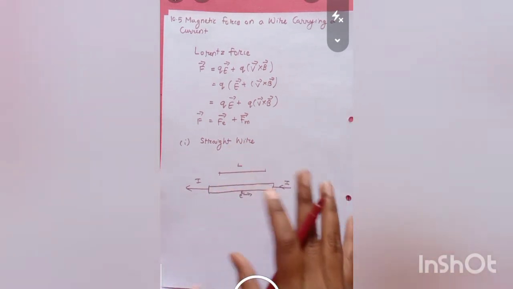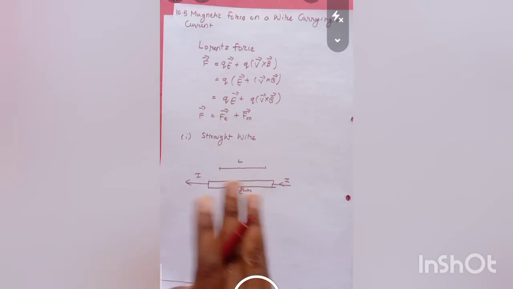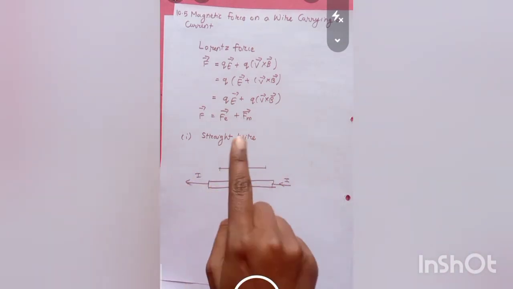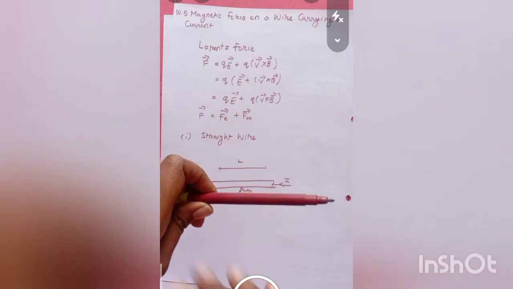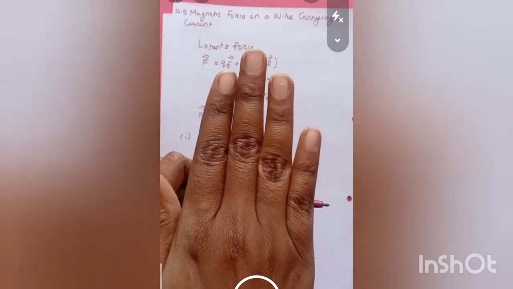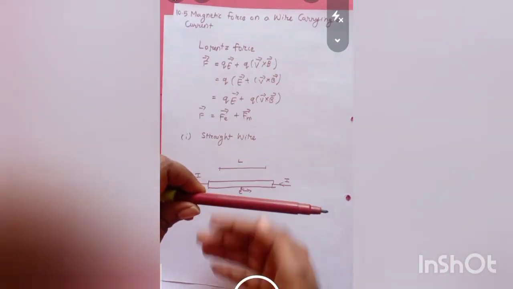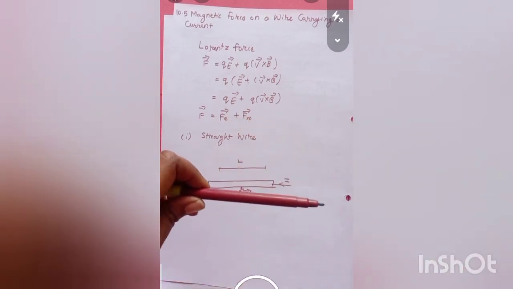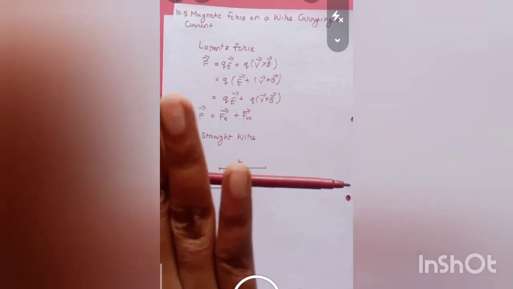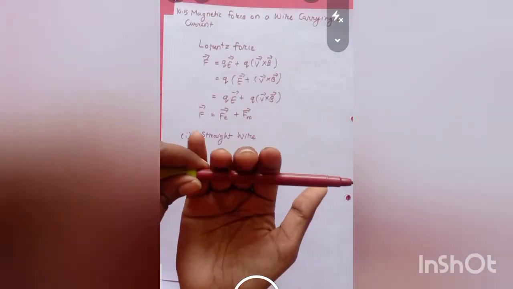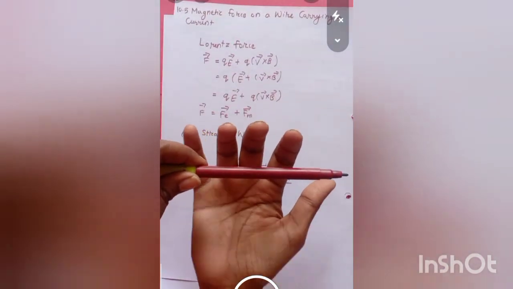We have considered the external magnetic field in such a way that it is coming out of the paper. Behind this wire here we have the N pole magnet and here the S pole magnet. You can consider either a horseshoe magnet or two different bar magnets, so they can create the magnetic field. Due to this the field lines are coming out of the paper, like the tops of my fingers coming out of this paper.